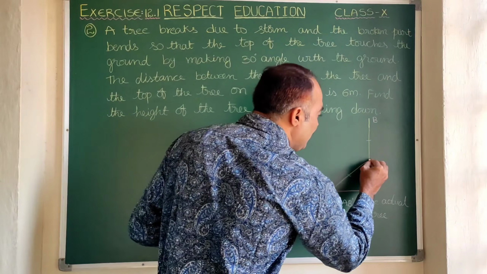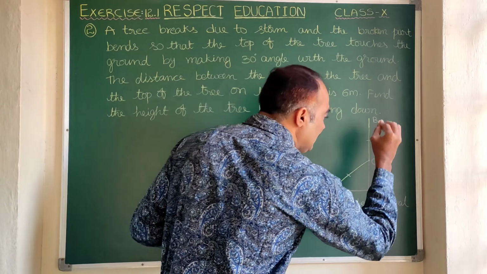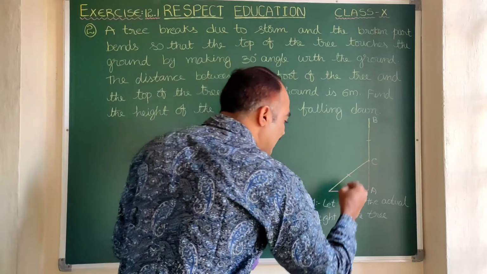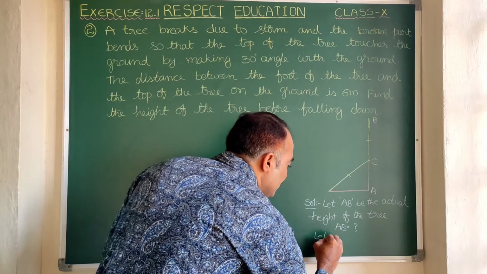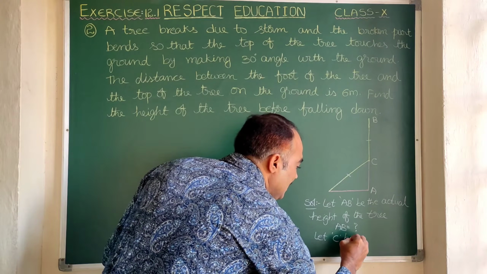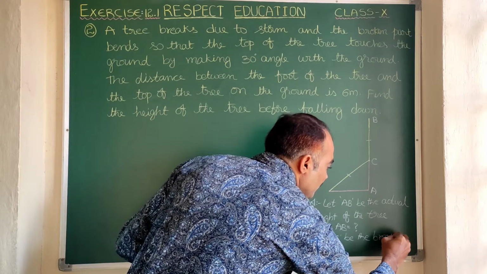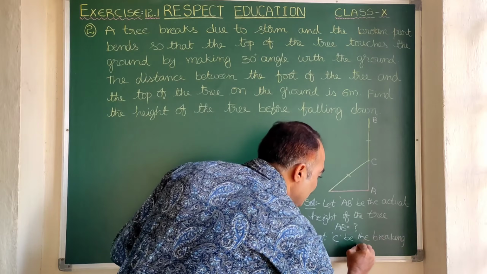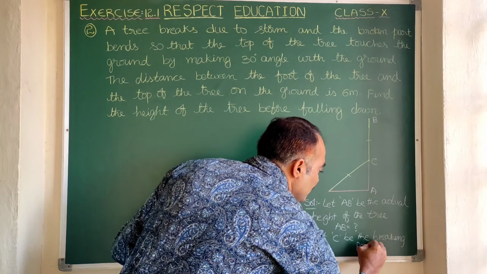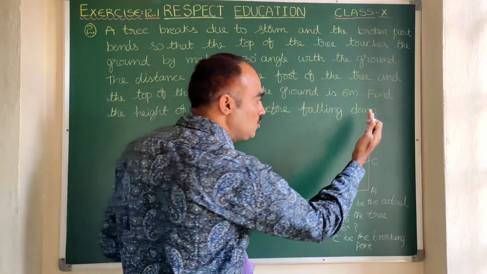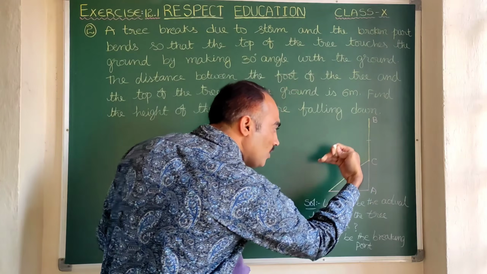And here this point, I am taking as C. So here we write, let C be the breaking point. So due to storm, what happens? Due to more wind, it is broken.